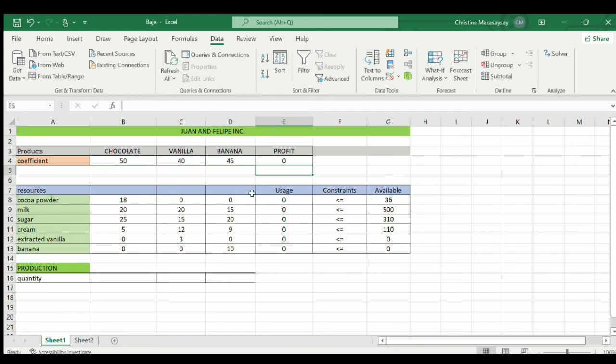Now, 0 again. So, we're going to use solver in order to get the profit, the usage, or the functions of the resources. So, let the solver solve it for us.